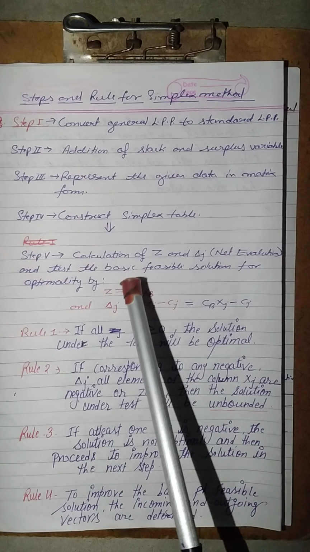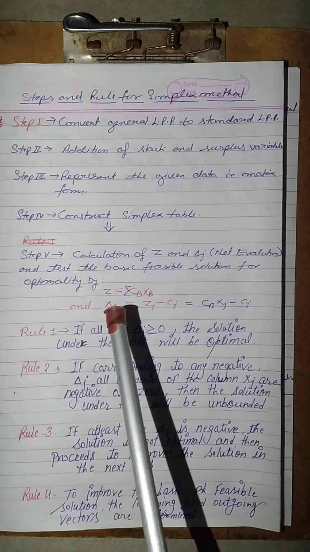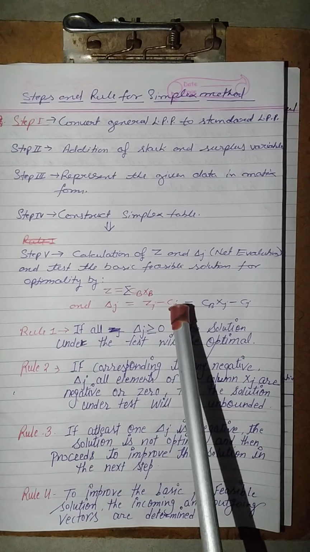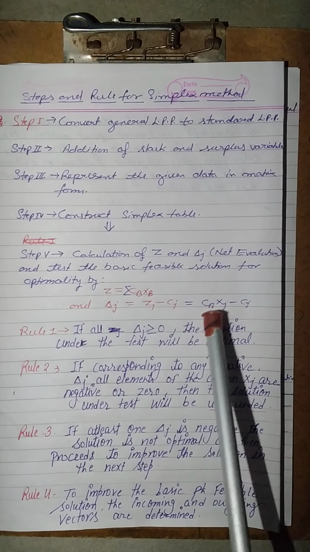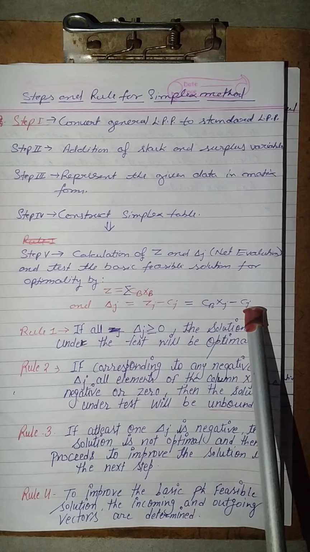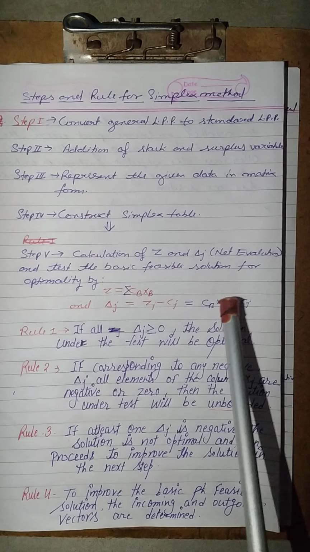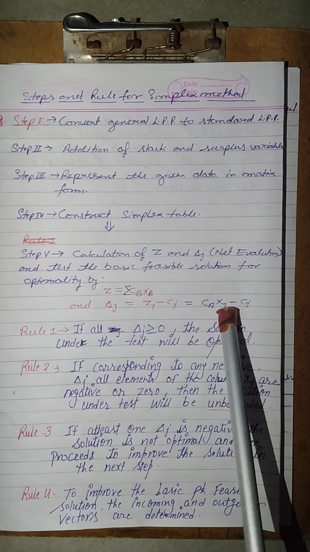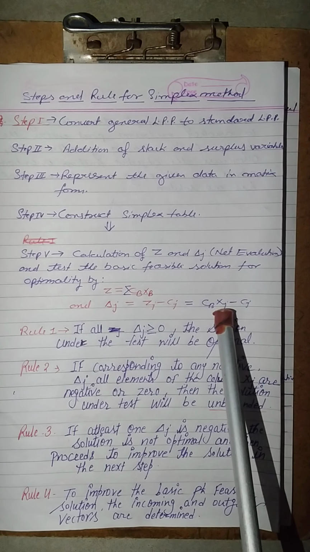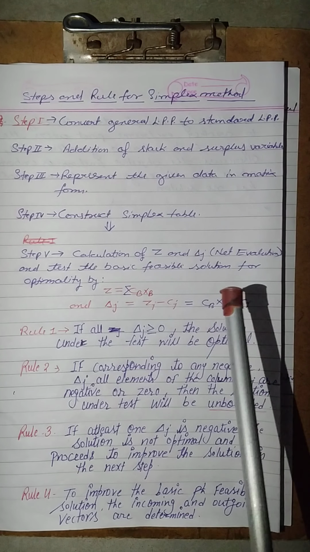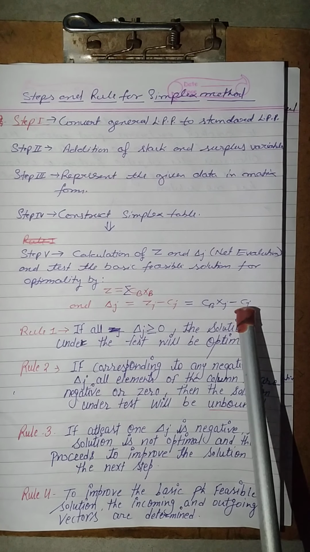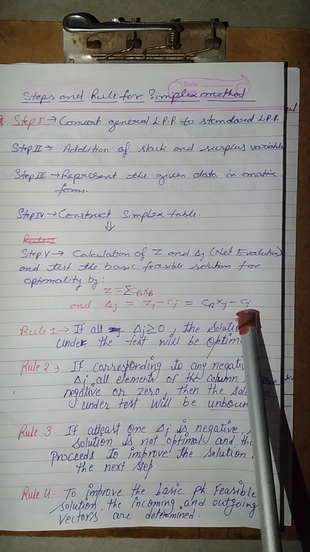We know about zj and cj from our previous lecture: zj is CB times xj, and cj are the coefficients of max z, that is c1, c2, c3 and c4.